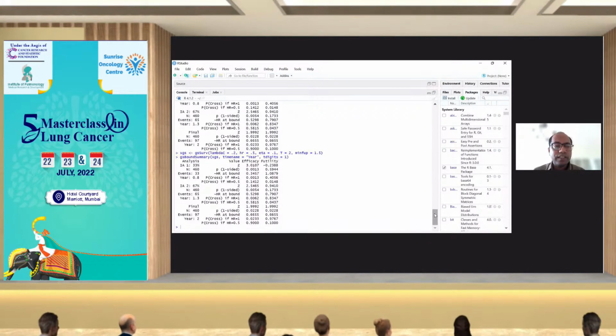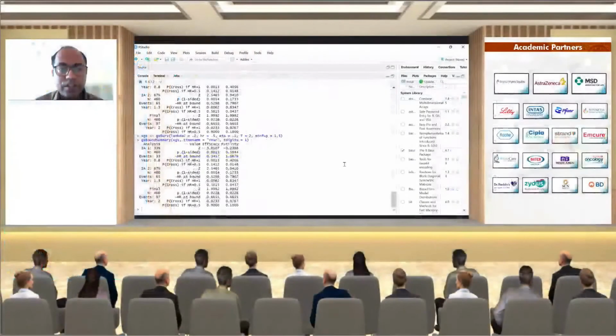This gives the alpha spending, the efficacy and futility values. Dr. Vijay already mentioned the Z value and the P value, and this boundary value, all this stuff. So look at the results.